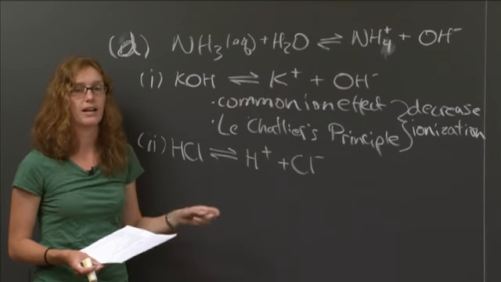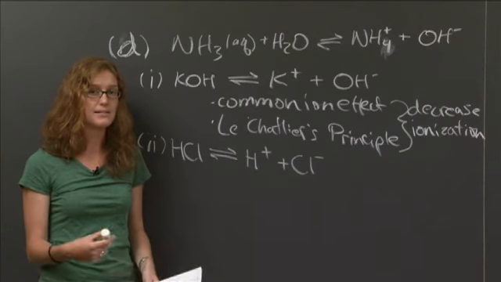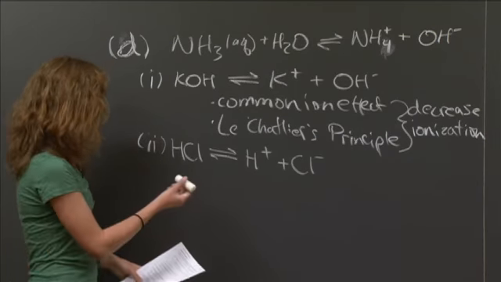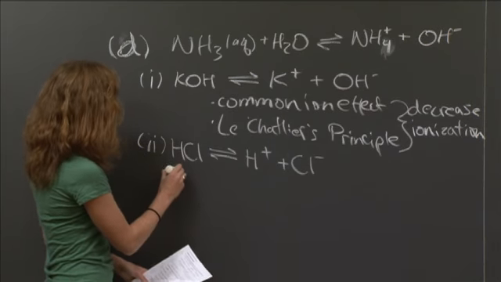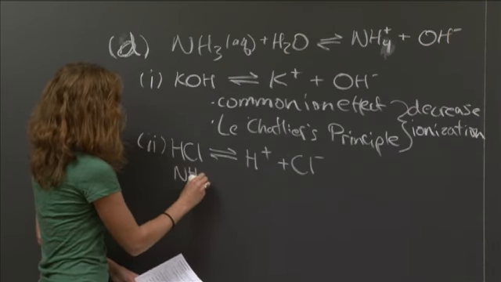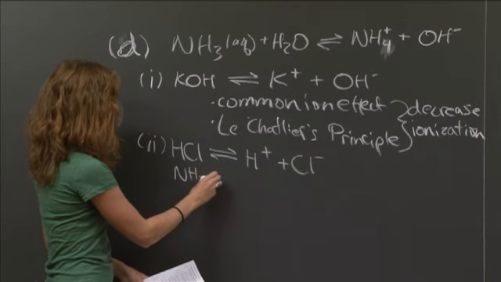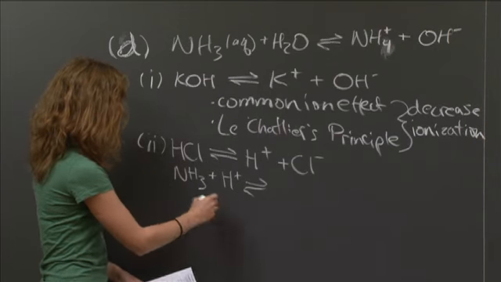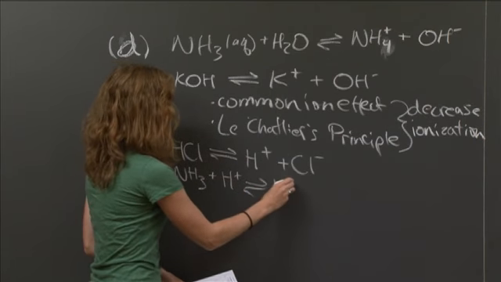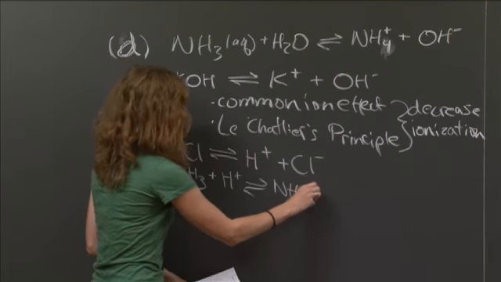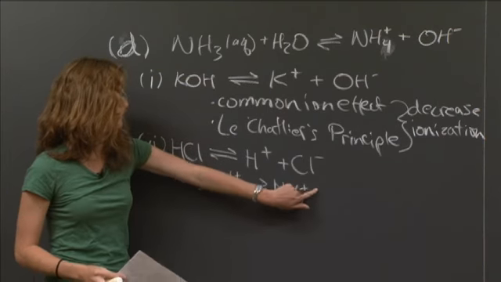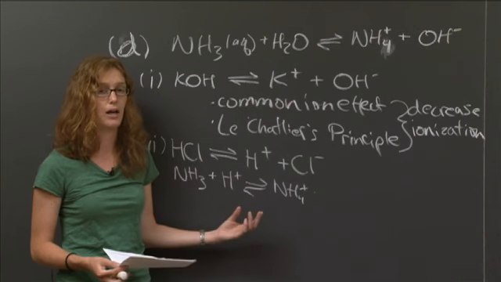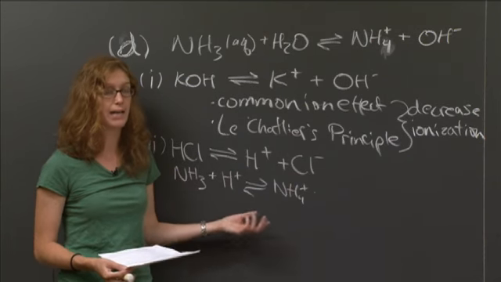But if we think about the fact that ammonia is a weak base, we can write an additional ionization reaction. So that additional would be ammonia reacting with a proton to form ammonium, right? So this is another way that the ammonia molecule would be ionized.